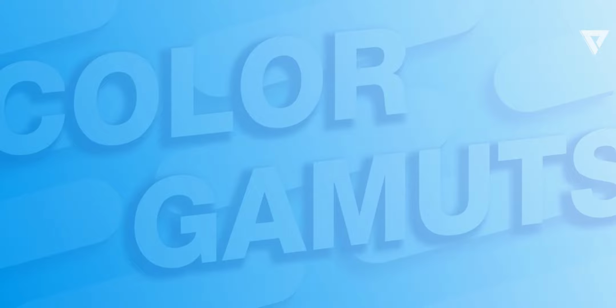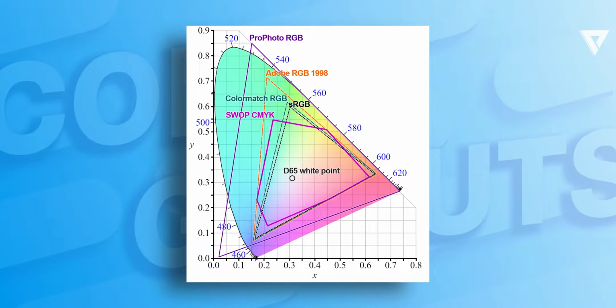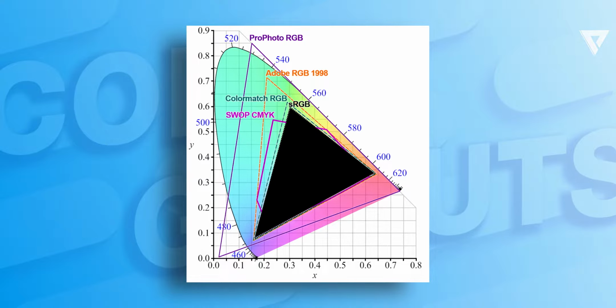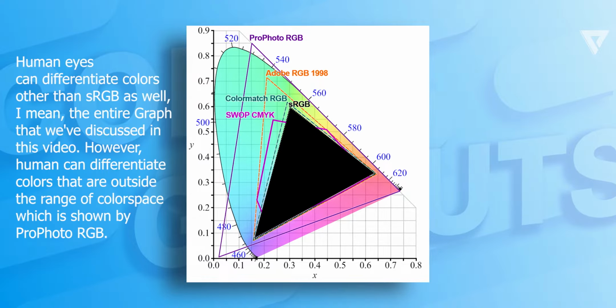Let's go through it one by one with the help of this color space graph. The smallest area, which is marked with a black line, is where the sRGB lies. S stands for standard and the rest you know.